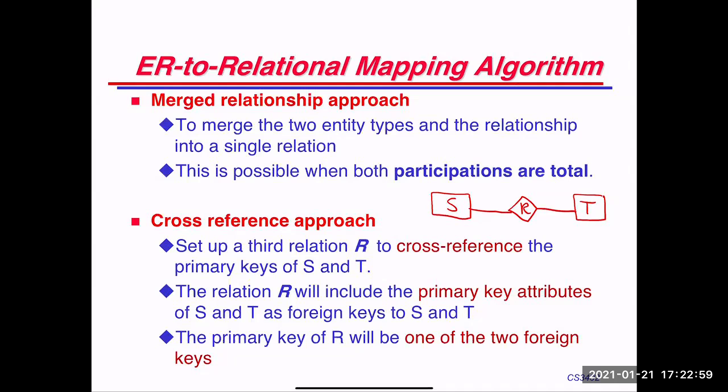Right, and in this third approach, this cross-reference approach, I just made R its own relation. Okay, and I will need to include the primary keys of S and also of T as foreign keys here.